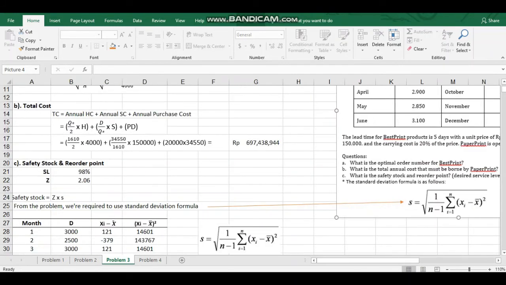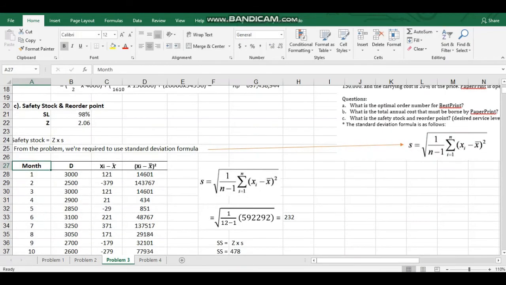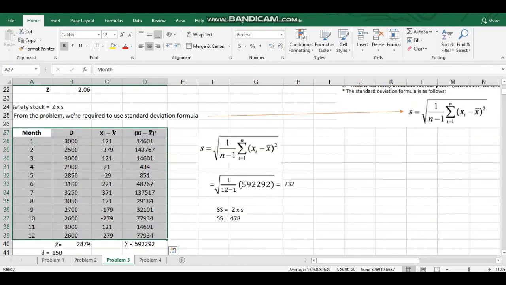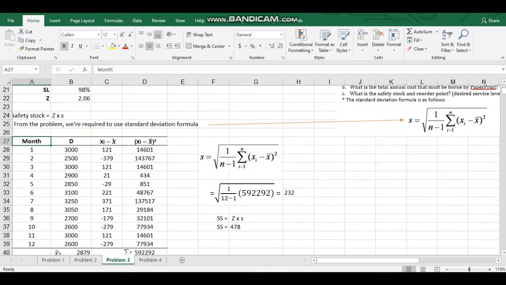But first we have to make this kind of table. We have to make a table that consists of a month column, and then the demand for each month, and then the difference between the average demand and the monthly demand, and also this difference to the power of 2 in this column.